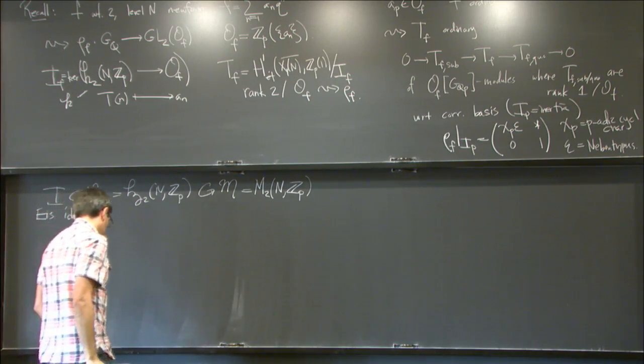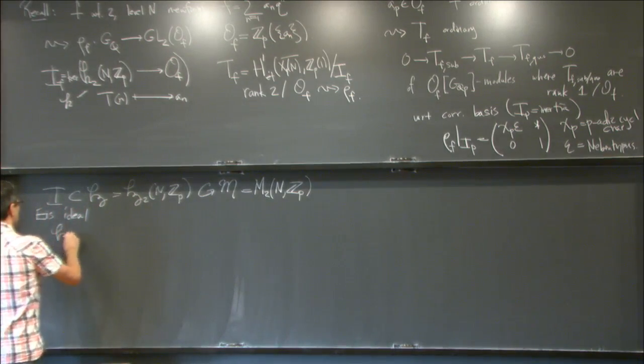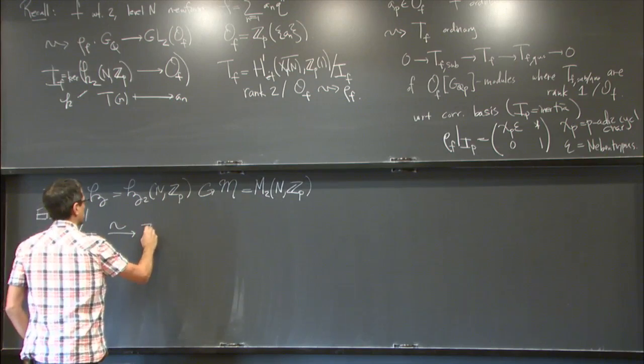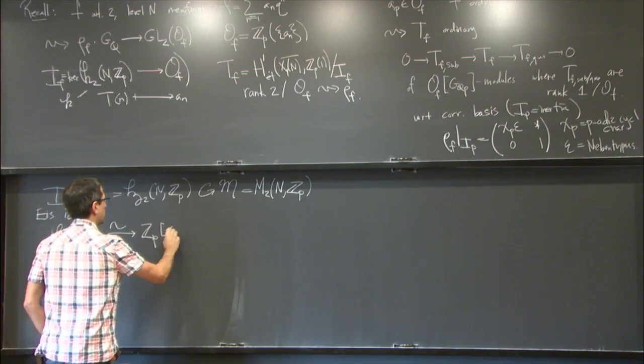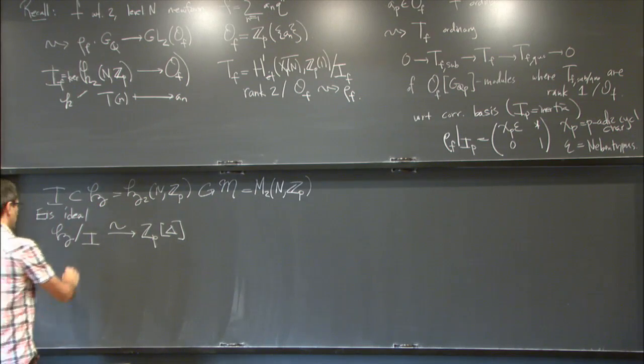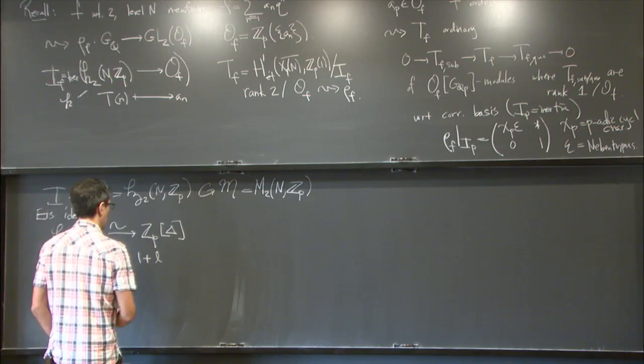And, right, so this H mod I is canonically isomorphic to Z_p[Delta], again by T_n goes to 1 plus l.